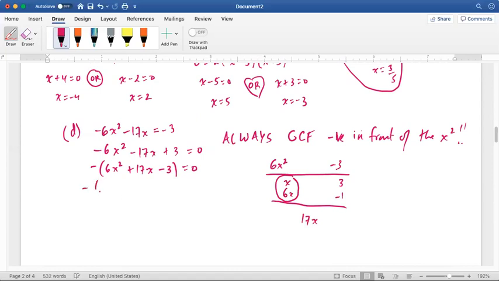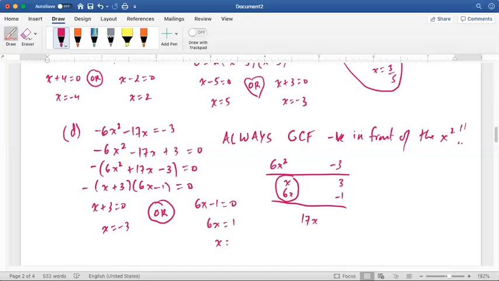So my factors are going to be x plus 3 and 6x minus 1 equals 0. So we get x plus 3 is equal to 0, which we know is just negative 3, or 6x minus 1 is equal to 0, so 6x is equal to 1. x is equal to 1/6. Eventually, of course, I want you to recognize that you need to be able to get there in one step.